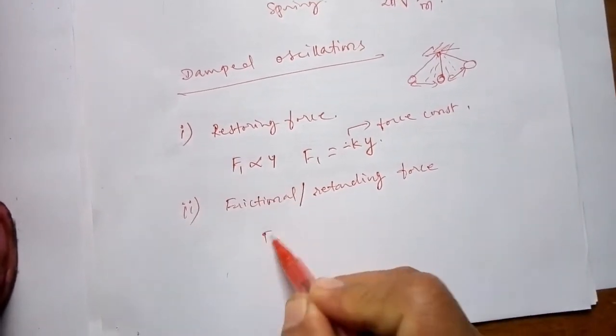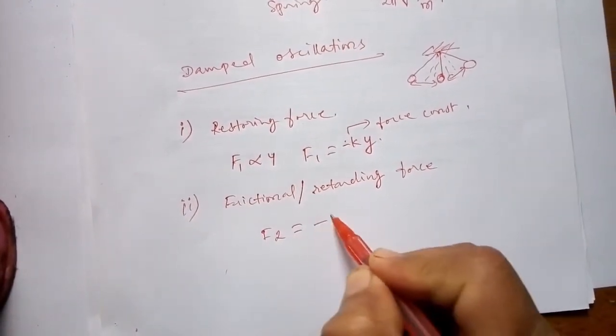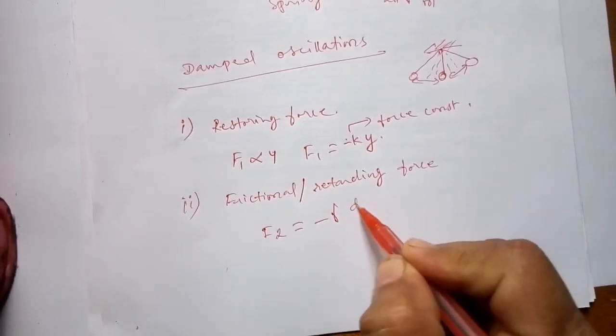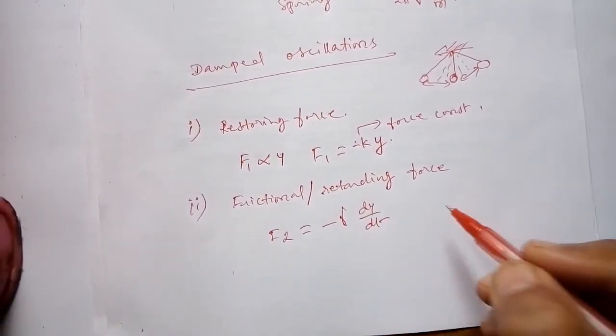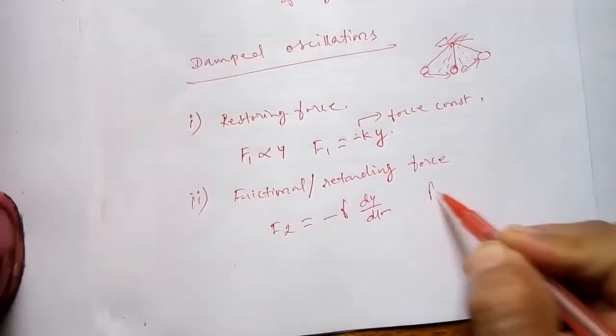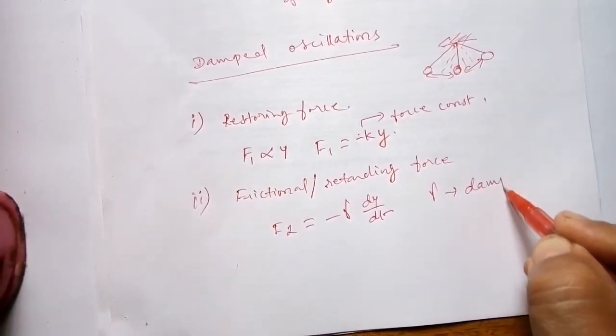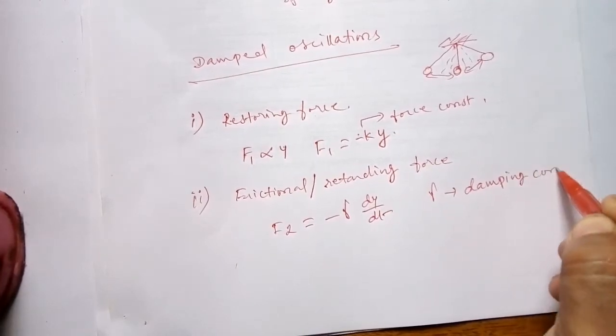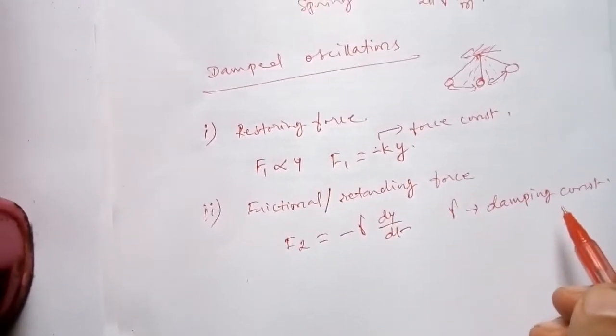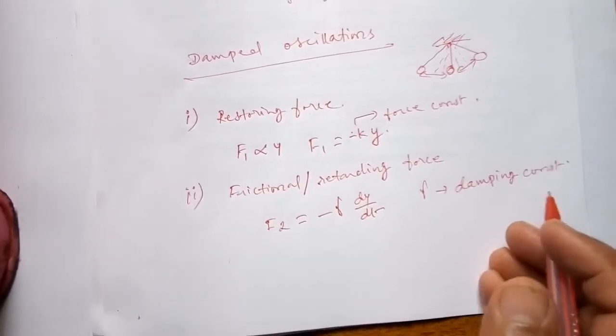That is, F2 is equal to minus gamma dy by dt, where gamma is known as the damping constant. It is also known as the resistive coefficient.